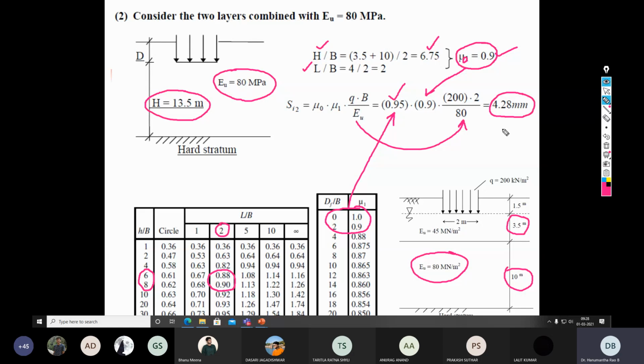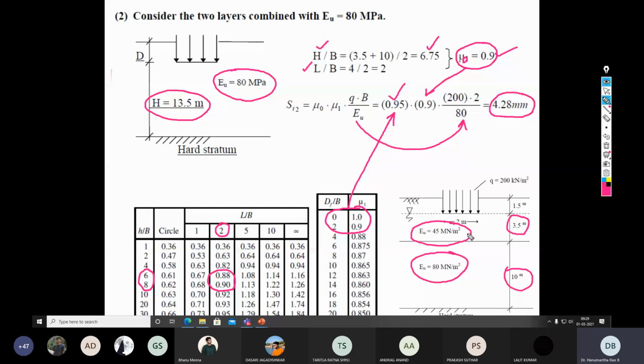So in the first case, the elastic settlement is 5 millimeter over the layer thickness of 3.5 meter. In second case, there is an elastic settlement of 4 plus millimeter over a thickness of 13.5 meter. But here we made an assumption that the elastic moduli of 80 megapascals is valid for the whole 13.5 meter, which is not true, because corresponding to 3.5 meter thickness of the soil layer, the actual given elastic modulus is 45 megapascals.